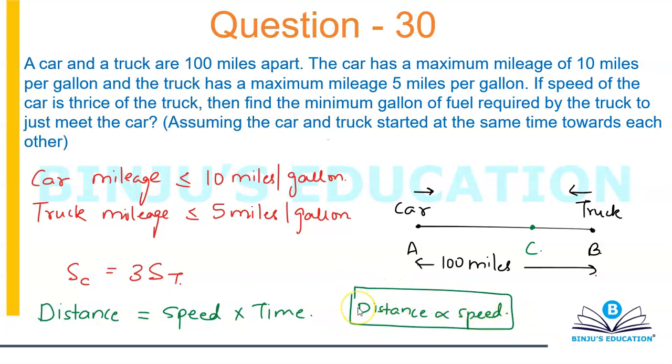That is, the ratio of the distances will be in the same ratio as the speeds. So if the speed of the car is 3 times the speed of the truck, then the distance covered by the car will also be 3 times the distance covered by the truck.